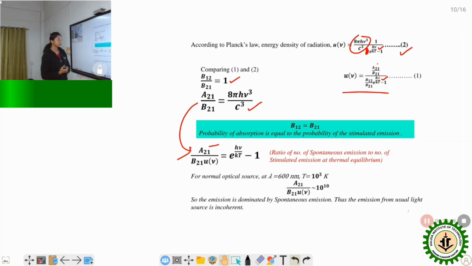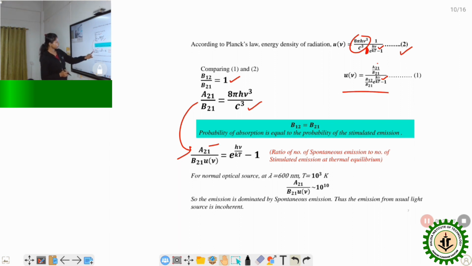A21 is the Einstein coefficient of spontaneous emission, and B21 U(ν) is associated with stimulated emission. So if I find the ratio, we get a comparison between spontaneous emission and stimulated emission.